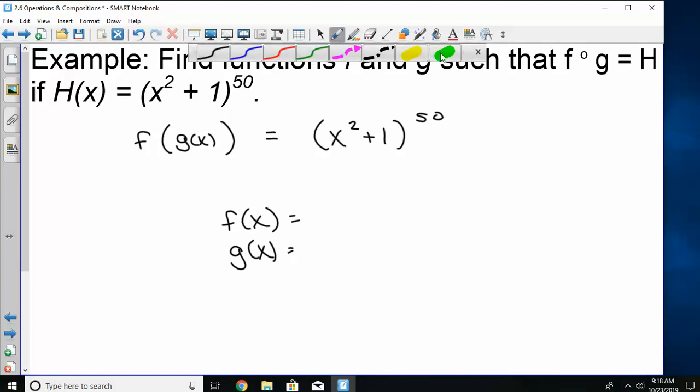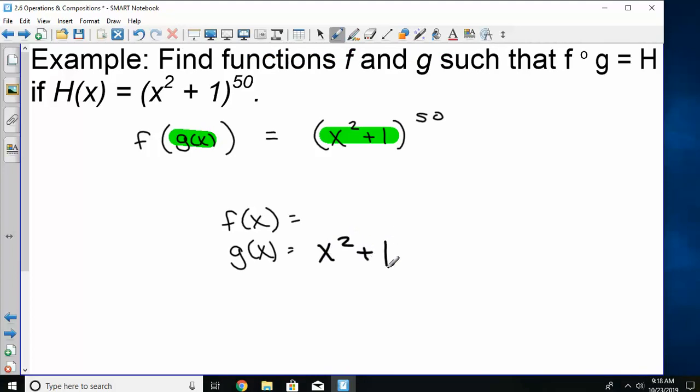If you think about this, g of x is the inside. What is on the inside over here? All right, that's our g of x. So if you think about when you do these compositions, you take an expression and you plug it into the x, right?